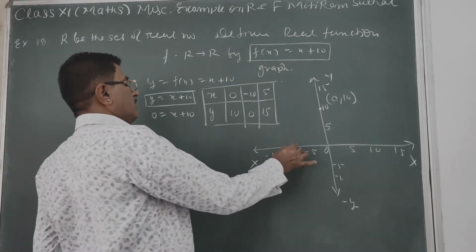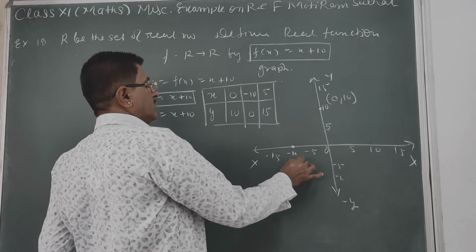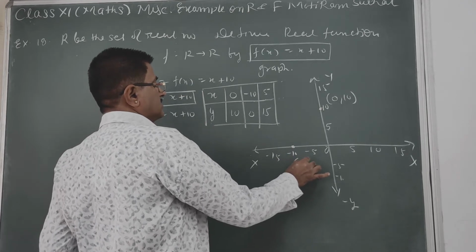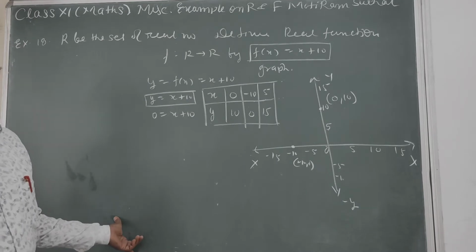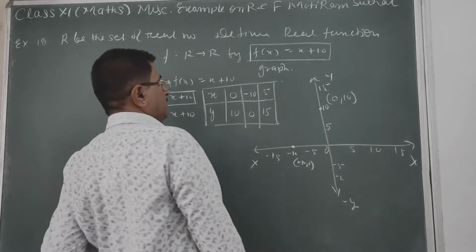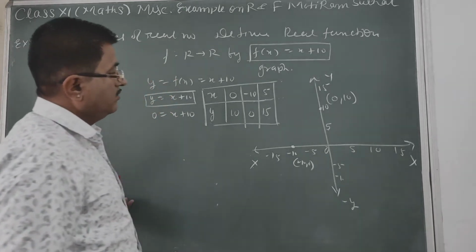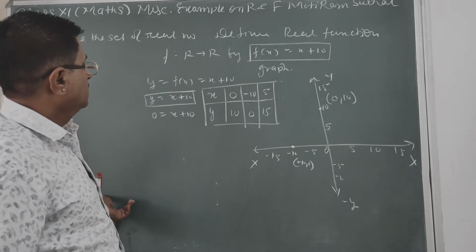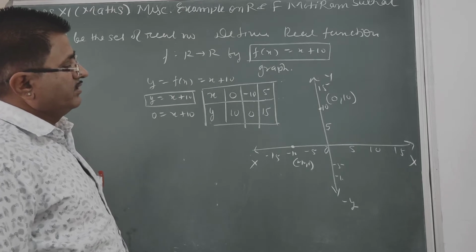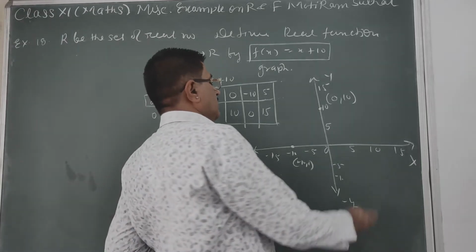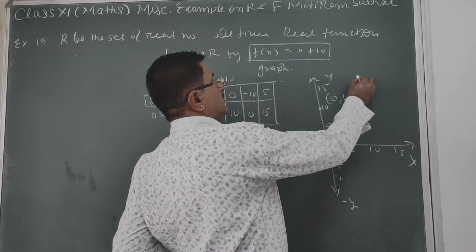So on this coordinate, the value of x is minus 10 and y is 0. That is negative x. Now x equal to 5: if you take x as 5, then y will be 15. So for positive x equal to 5, y will be 15.